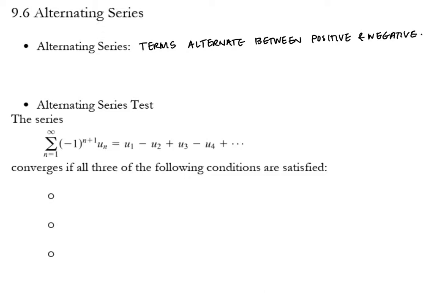When we have alternating series, like, let's say, 1 minus 2 plus 3 minus 4 plus 5 minus plus yada yada, or 1 minus a half plus a third minus a fourth, etc. We can use the alternating series test to determine if the series converges.